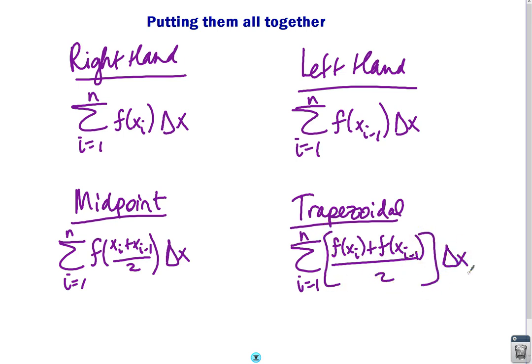Okay, I want you to notice that. Averaging your x values. Averaging your y values. Let me say that one more time. Averaging the x values, plugging it in, averaging your y values after you've evaluated already, okay? All combined, this gives you the 4 different methods for approximating area, okay?